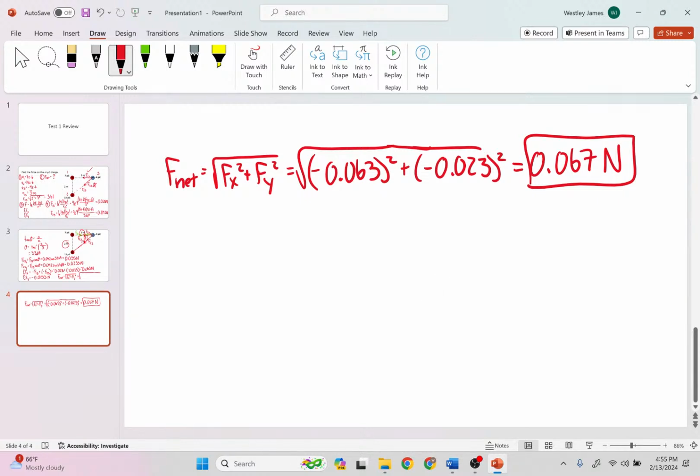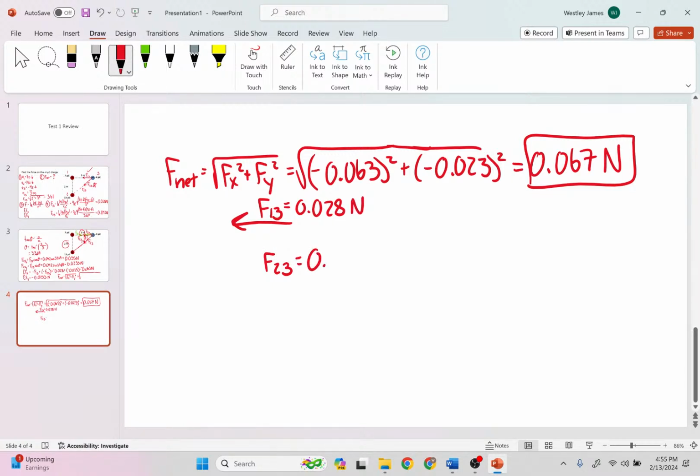So we had F23 going this way, and we had F13 going this way. And now that we actually know the numbers, let me make these arrows actually appropriate. So F13, we calculated this before, was 0.028 newtons.